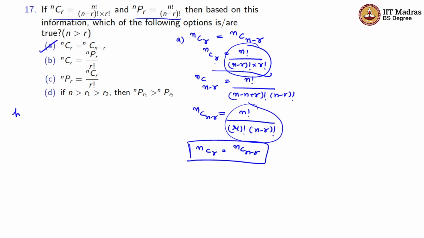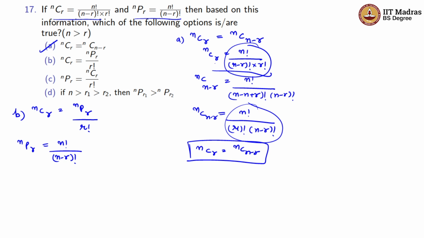Now we will consider the second option, which is nCr is equal to nPr upon r factorial. So we know that the formula for nPr is n factorial divided by (n minus r) factorial.